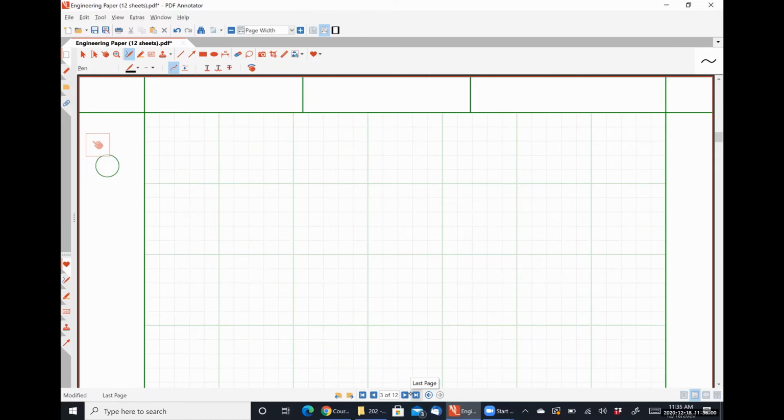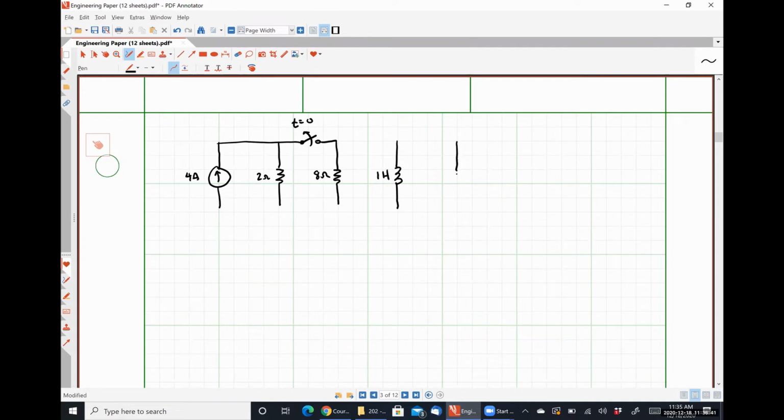I'm going to make up a simple circuit here, and walk you through the steps to determine our quantities of interest.